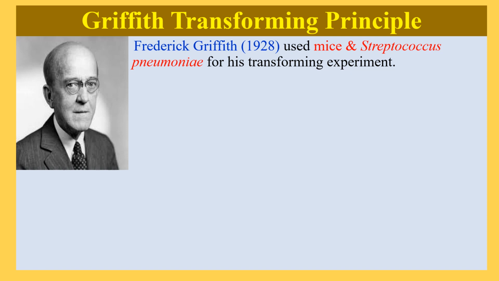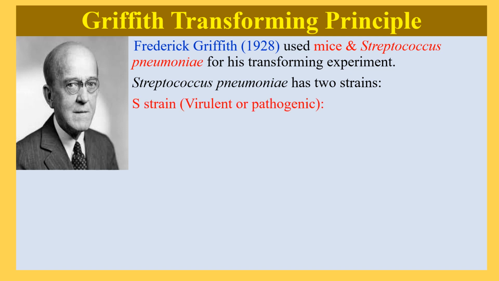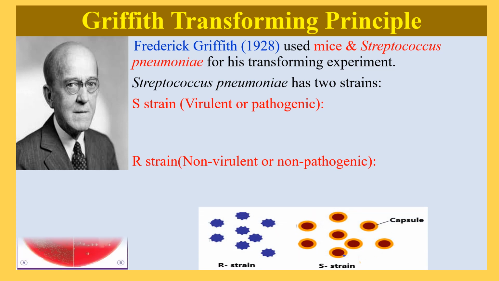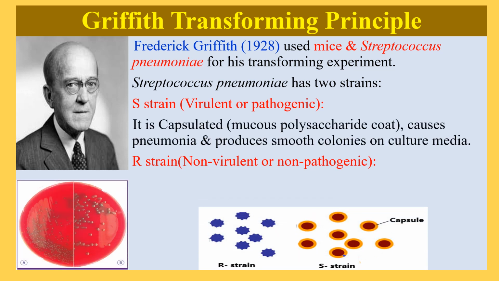He conducted his experiment on mice and a bacteria called Streptococcus pneumoniae. For his experiment he used two strains of Streptococcus pneumoniae, S strain and R strain. S strain is capsulated.